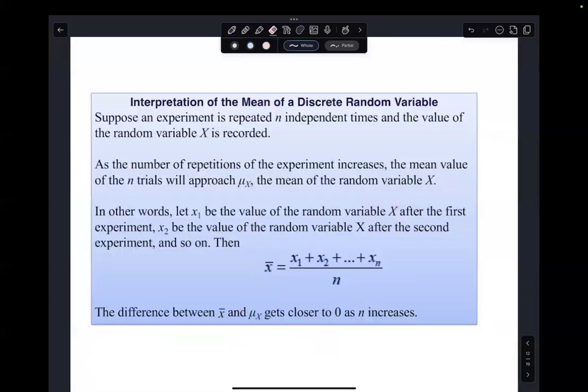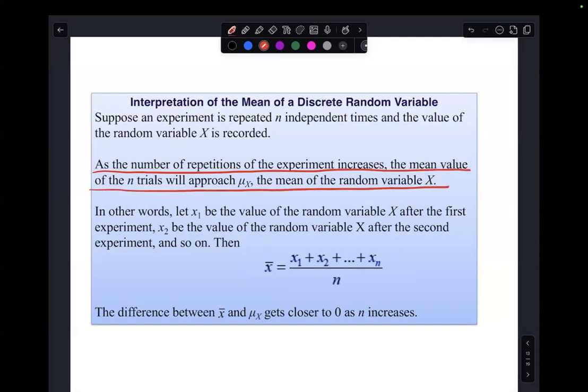Okay, so this right here is your interpretation. If I were you, I would underline this. I'm not sure if it's on the test or on one of the quizzes, but there is going to be a question that asks you to interpret the mean of a discrete random variable.